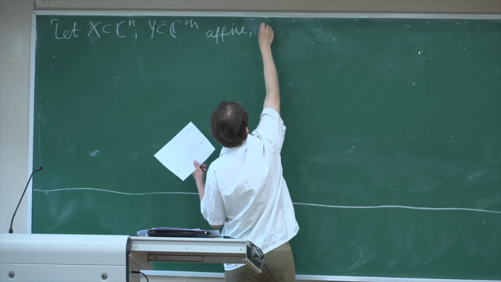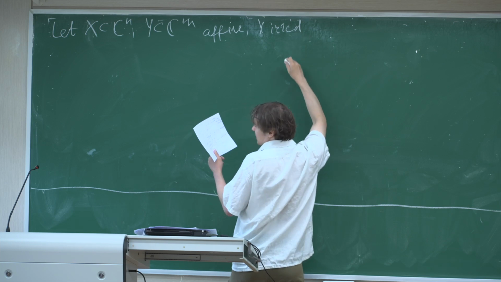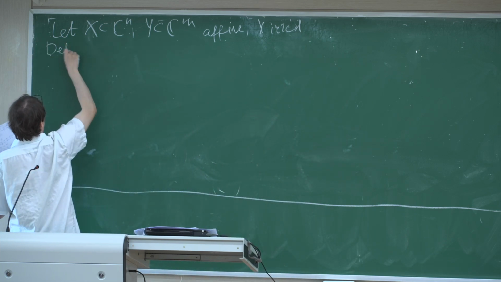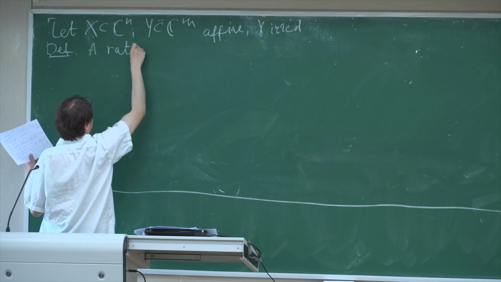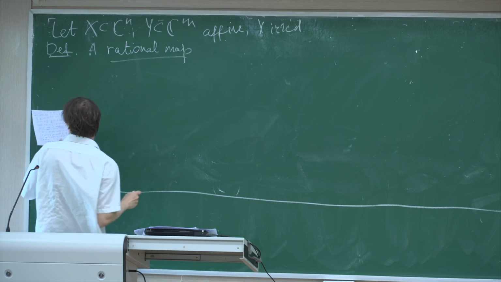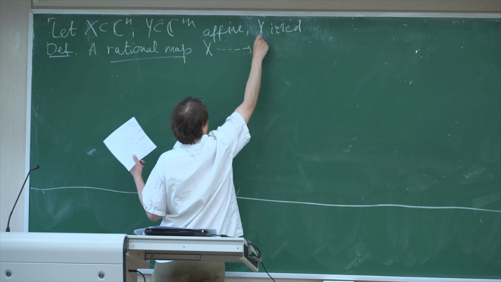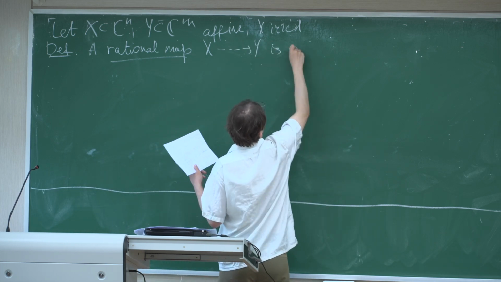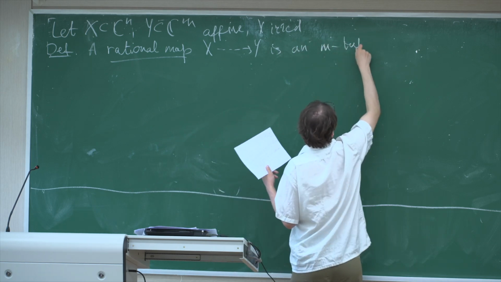And X also irreducible. Then by definition, we say that a rational map from X to Y is simply an m-tuple of fractions.